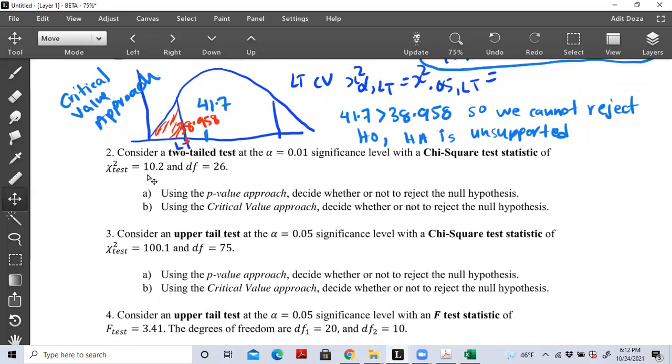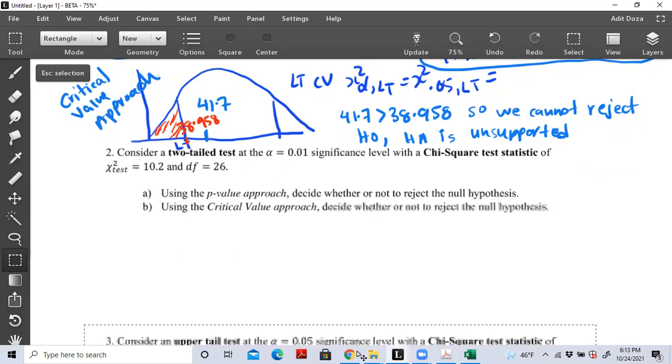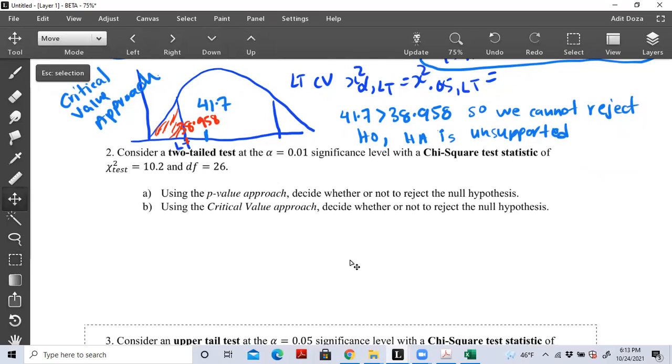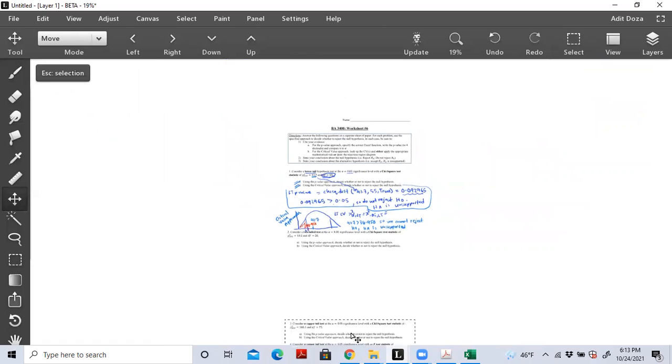So similarly, you can do question number 2. But in question number 2, it's a two-tailed test, right? So let's do question number 2. Let me move this down. Okay, let me see if I can move further down.